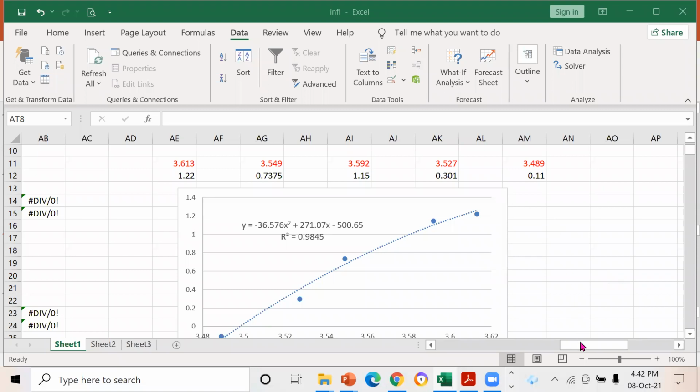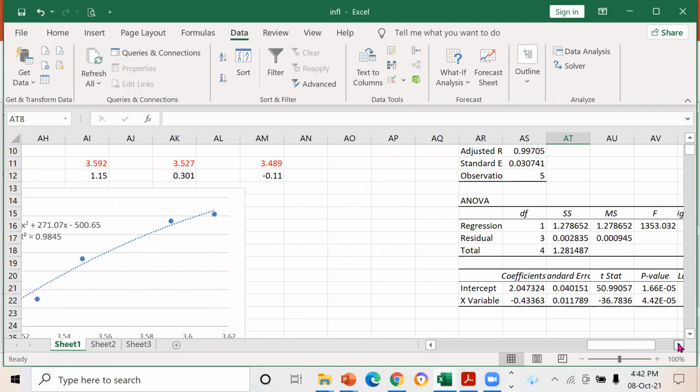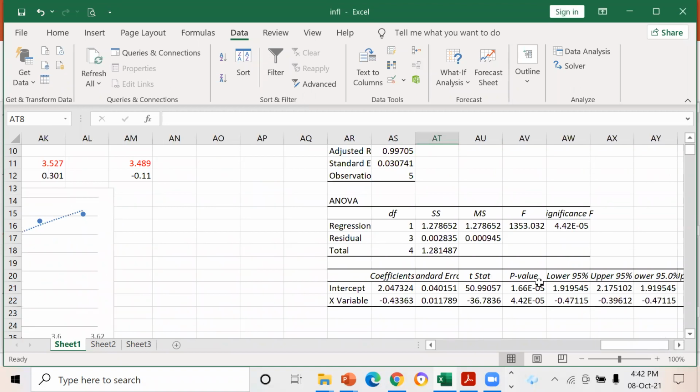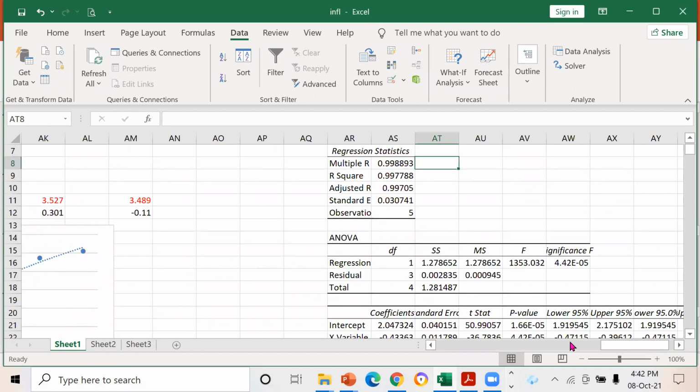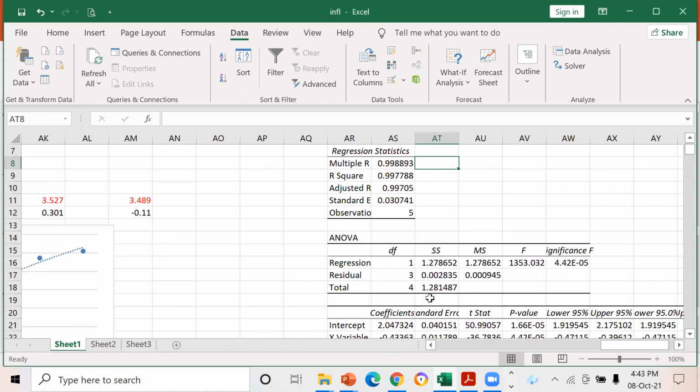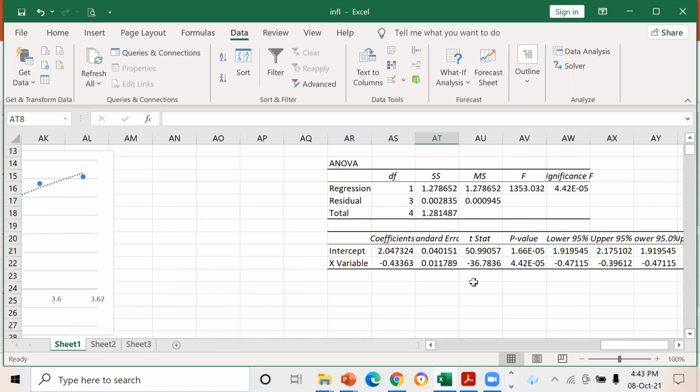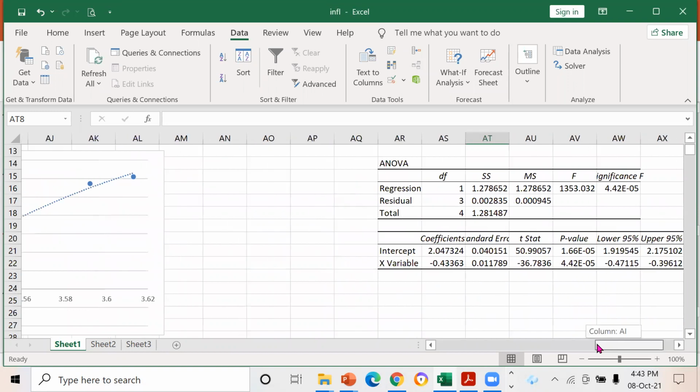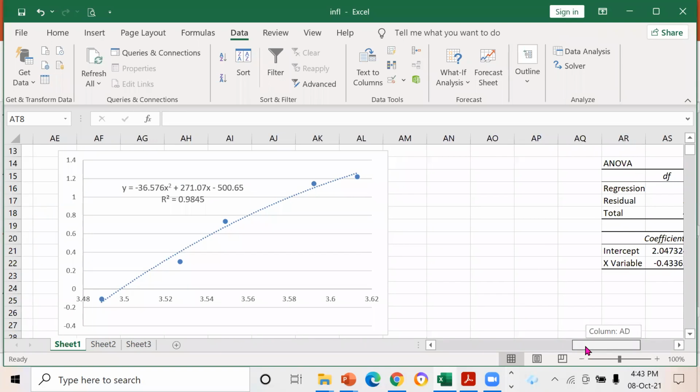Whatever SPSS gives, all the statistics this also gives. So the understanding of the statistics is more important than what is given also. SPSS also gives all this, but the understanding of the ANOVA table, understanding of the p values, F value, then range, 95% confidence, that's more important. It's exactly the same as what SPSS gives.